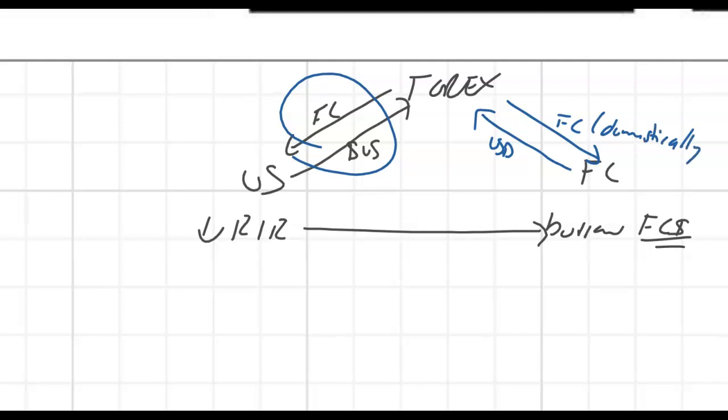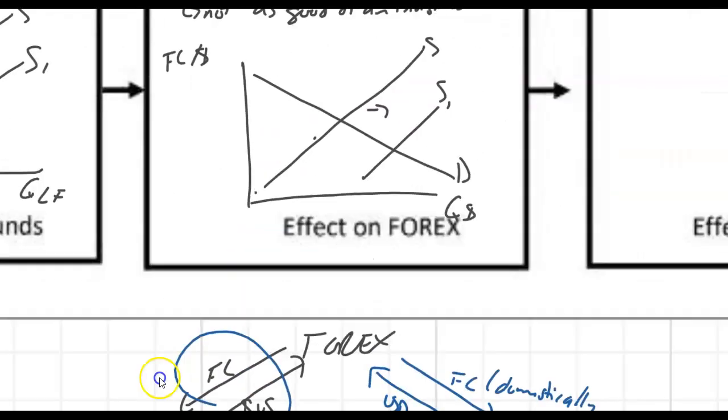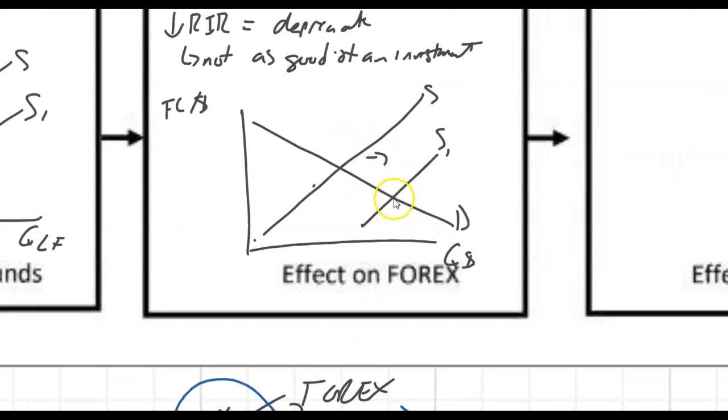The point is that somewhere this is happening. So the Forex market has a larger supply of US dollars. Hence why we draw the supply, which means the US dollar has thus depreciated.